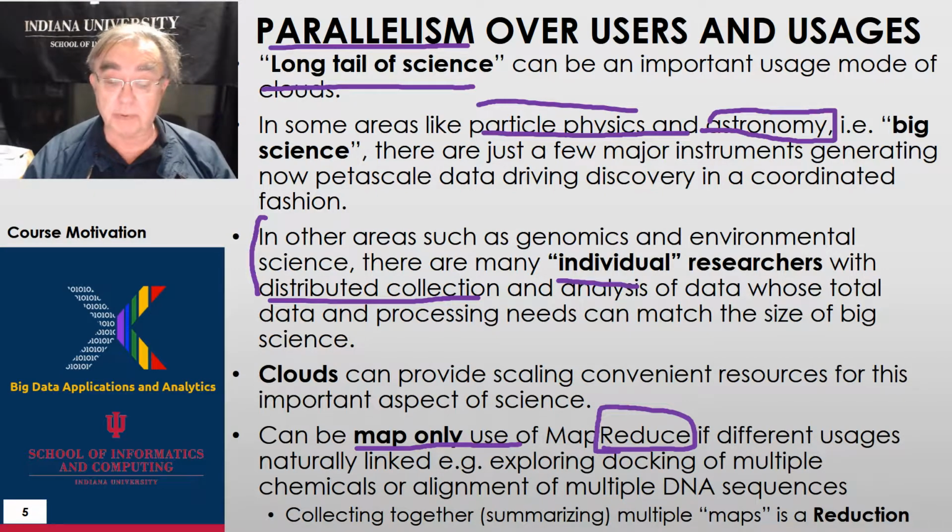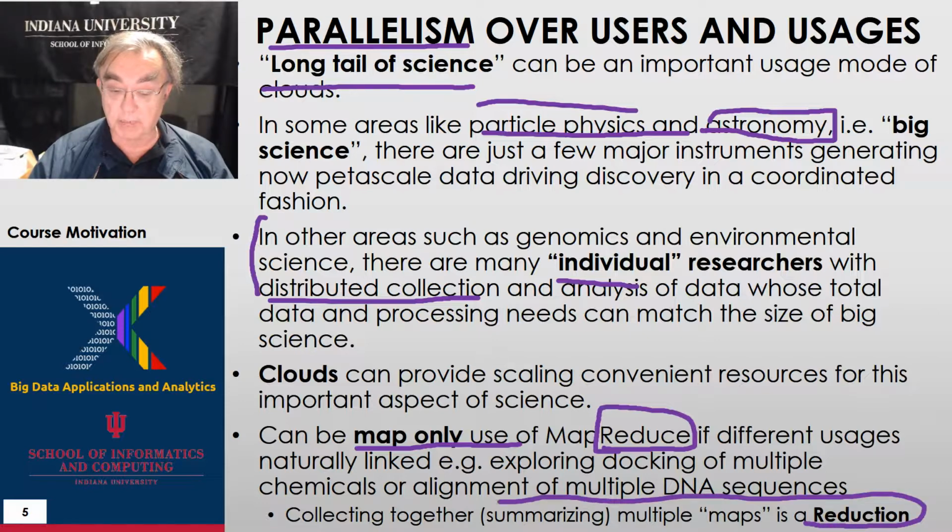We want to be able to collect all the events together to plot them in histograms, and that's a typical use of MapReduce. So often reduction is just used to summarize multiple maps, but the main computation is in the maps, and the reduction is a rather quick final step to collect together final results.